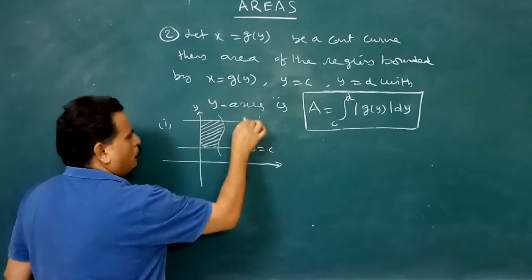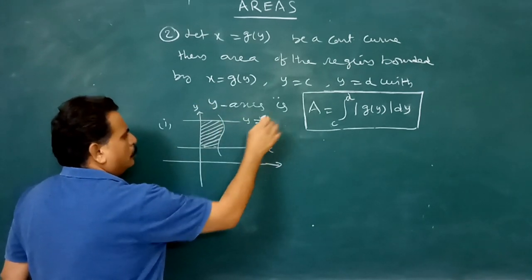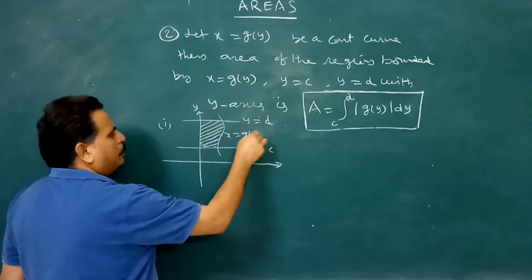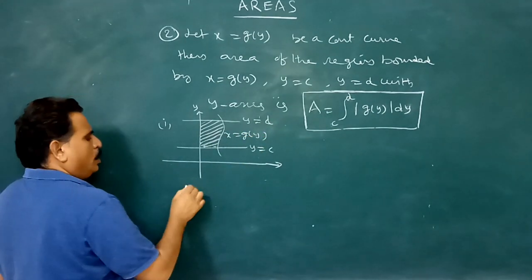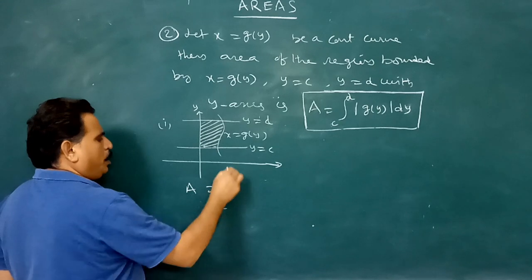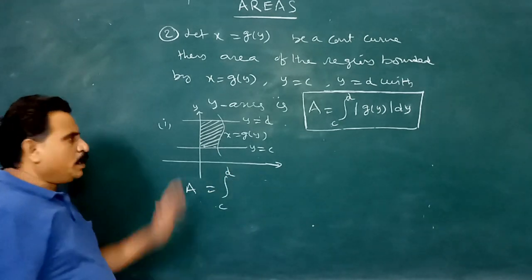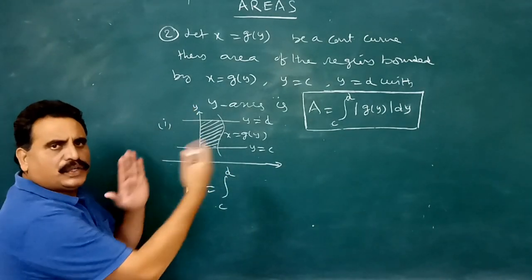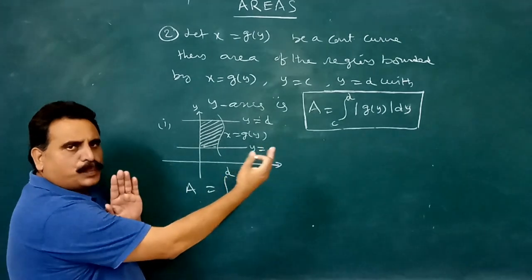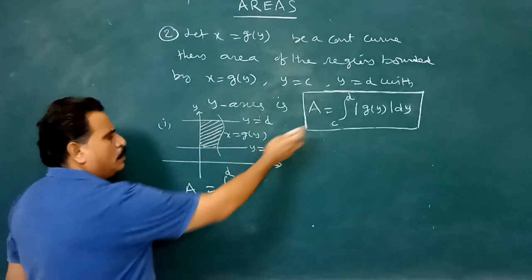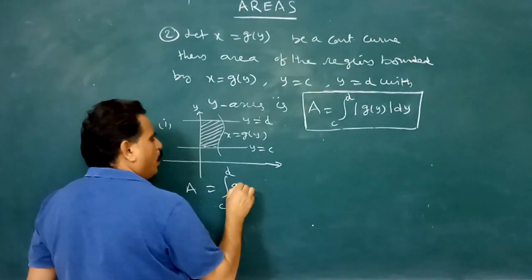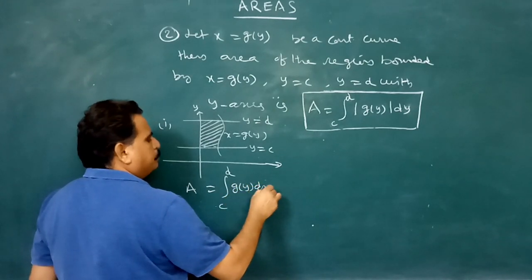That area is A equal to integral c to d. Look here, it is on the right side of the y-axis, that means it is a positive region. That's why mod g of y is g of y dy.